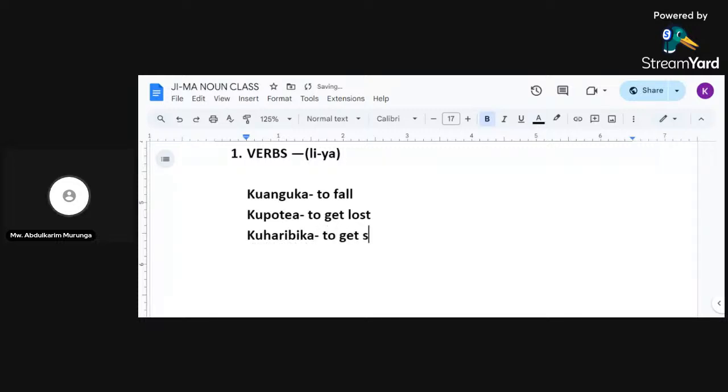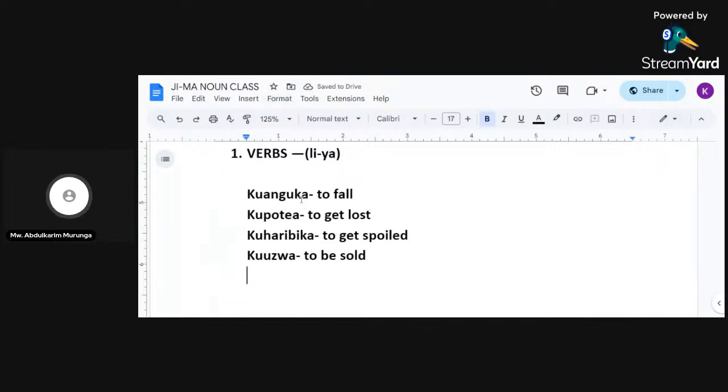Kuharibika, to get spoiled. Another verb is kuuzwa, to be sold. Kuuzwa means to be sold.